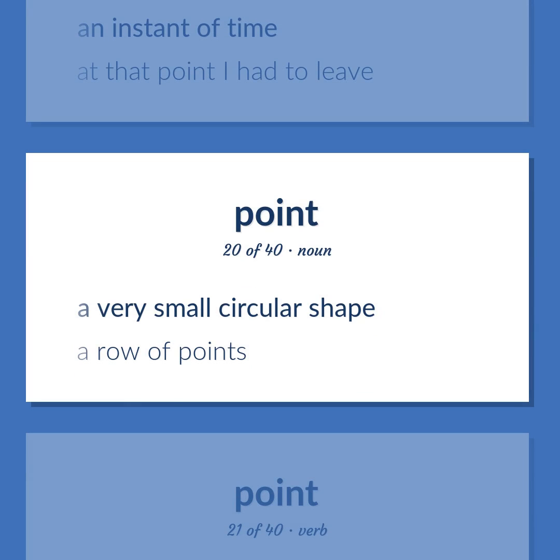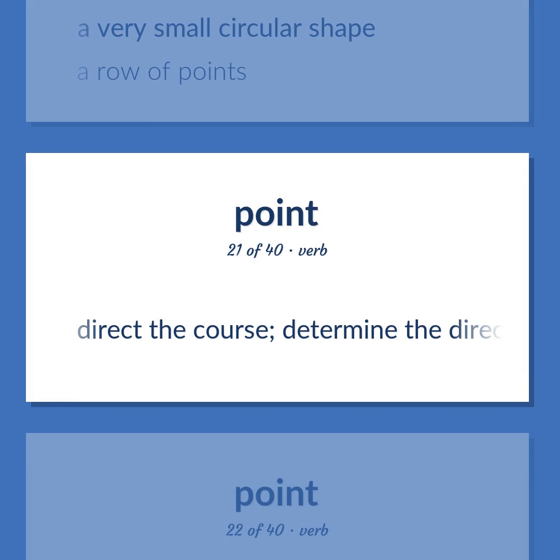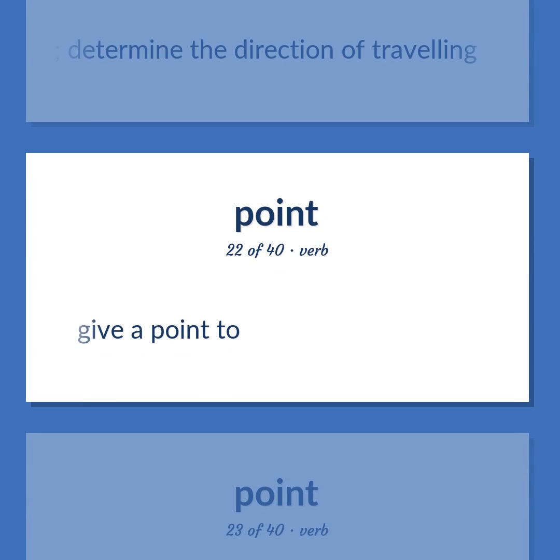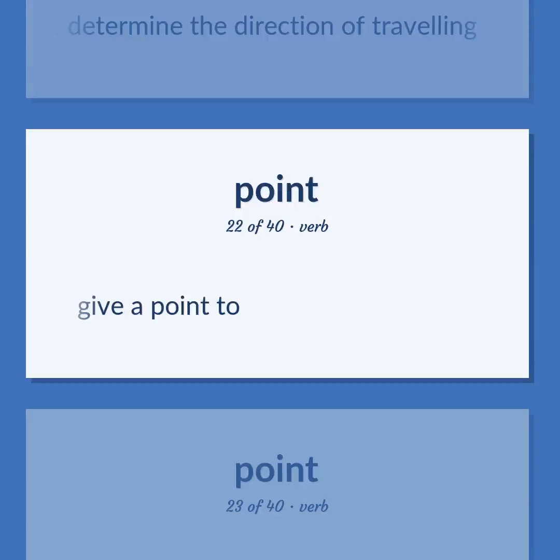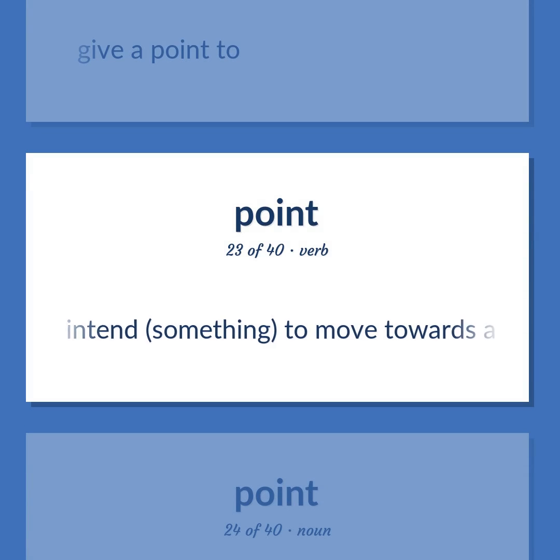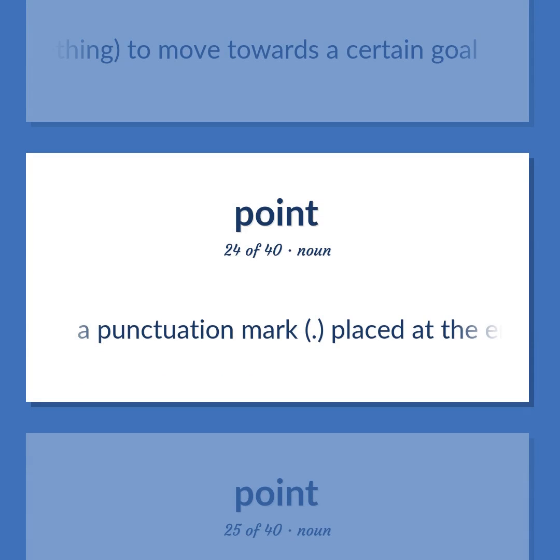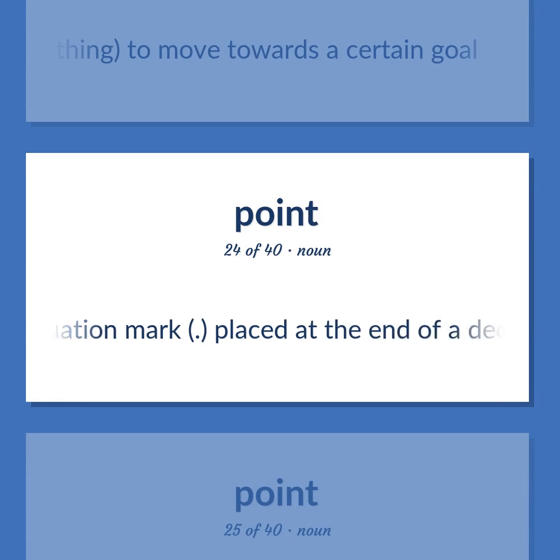A row of points. Direct the course. Determine the direction of traveling. Give a point to. Intend something to move towards a certain goal. A punctuation mark, placed at the end of a declarative sentence to indicate a full stop or after abbreviations.